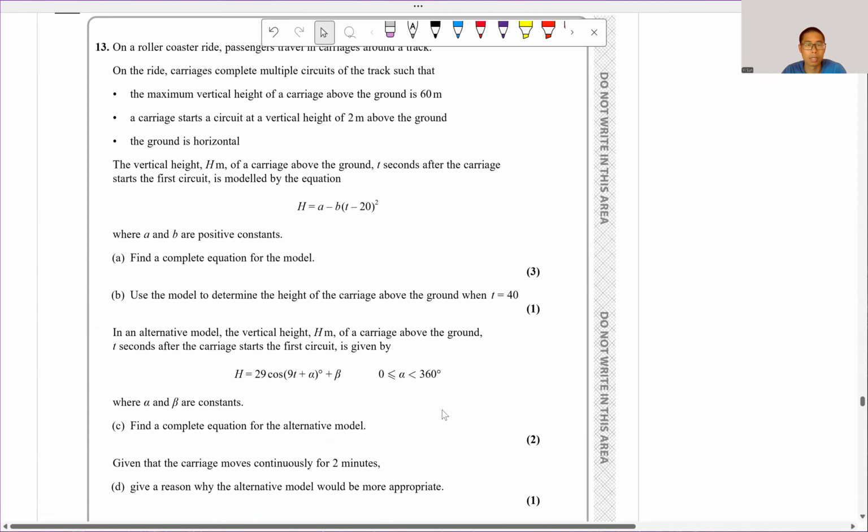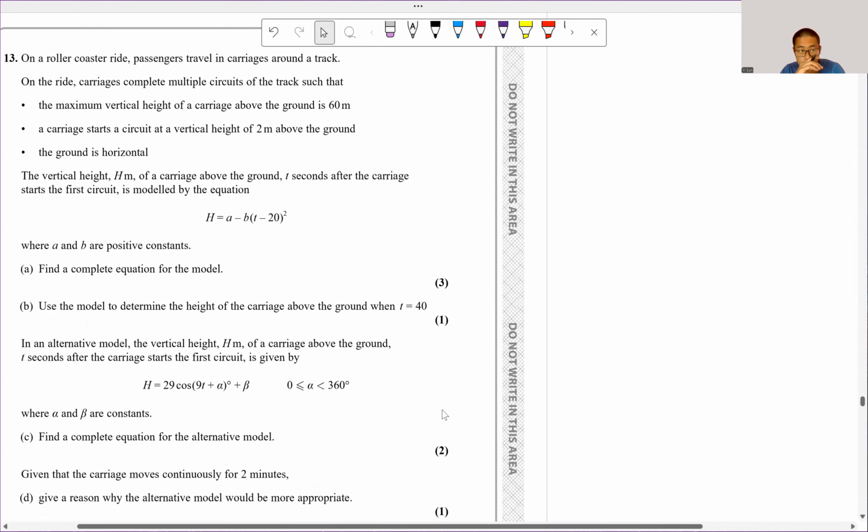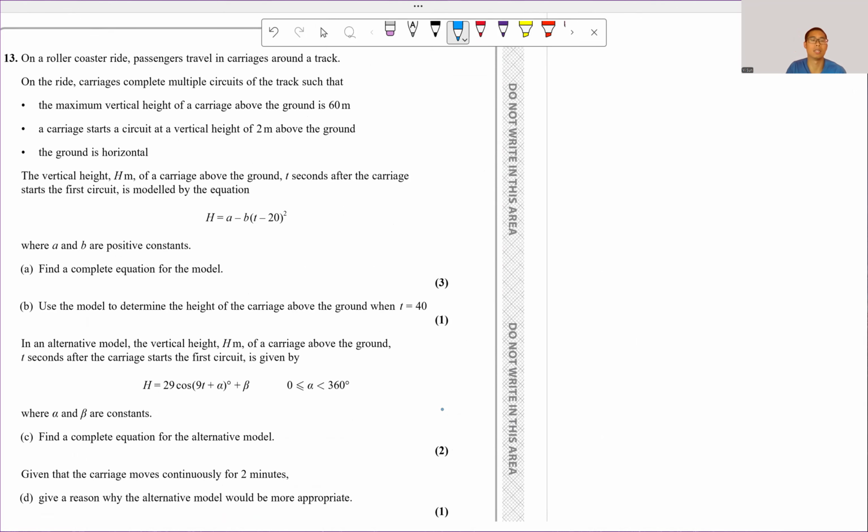Okay, let's have a look at question 13. On a roller coaster ride, passengers travel in carriages around the track. On the ride, carriages complete multiple circuits of the track such that the maximum vertical height is 60 meters.